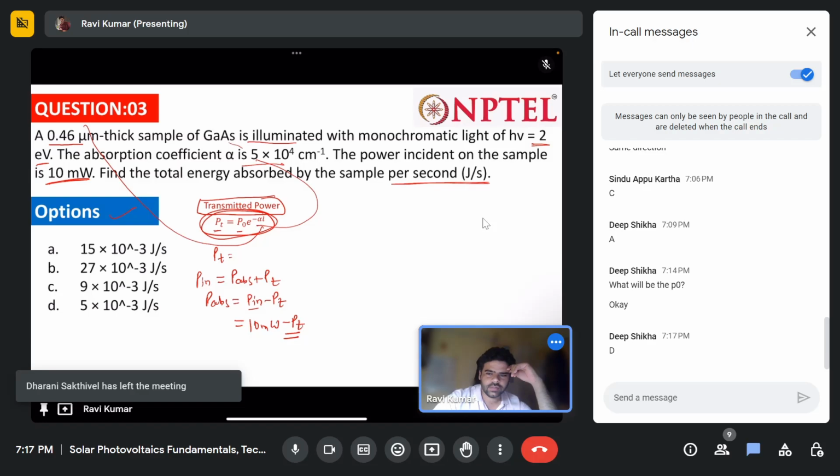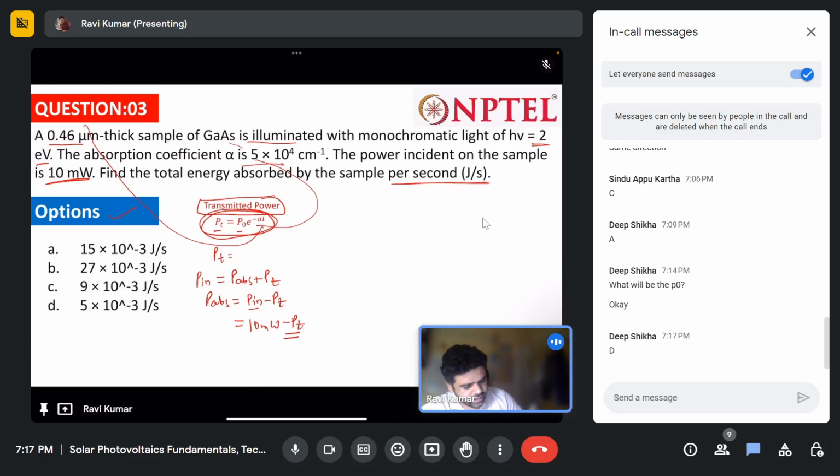D. How can D be? Let me solve. It's like exponential minus 5 into 10 to the 4 per centimeter into 0.46 into 10 to the minus 6 meter.